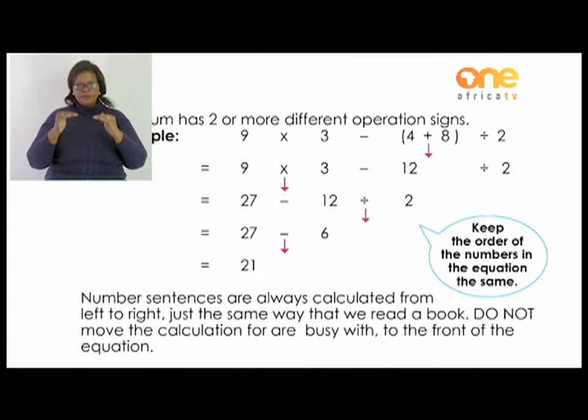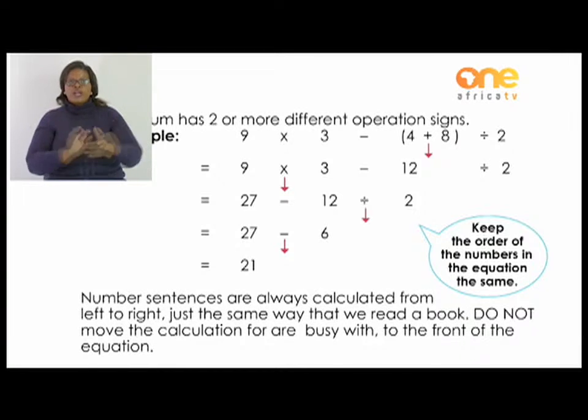What will we do next? According to BODMAS, brackets, of, there is no of in that operation, so we continue, and so it will be division or multiplication. We do it from left to right. The order stays from left to right.